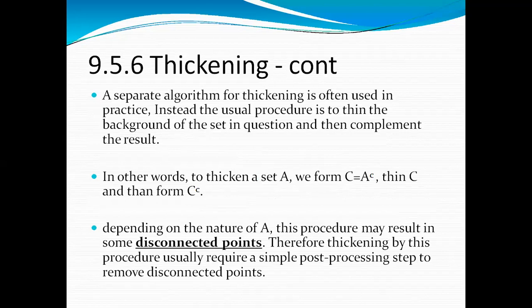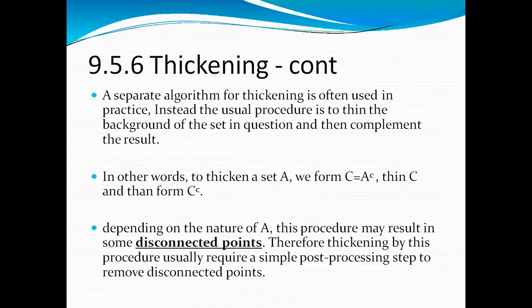Instead, the usual procedure is to thin the background of the set in question and then complement the result. In other words, in order to thicken a set A, we form its complement C, which depends on the nature of A. The procedure will result in some disconnected points.